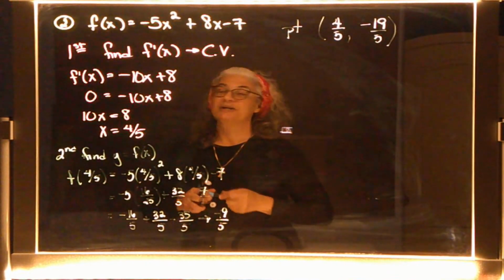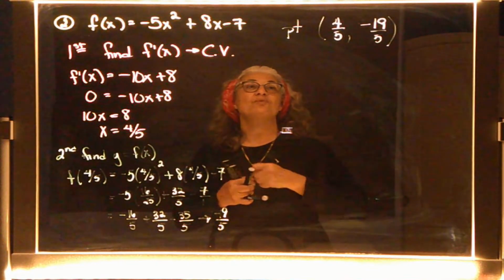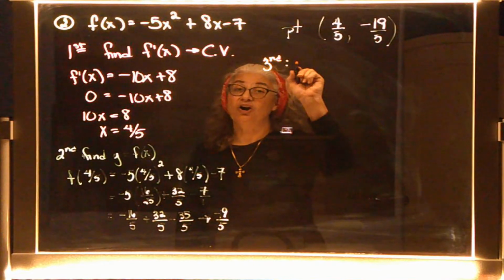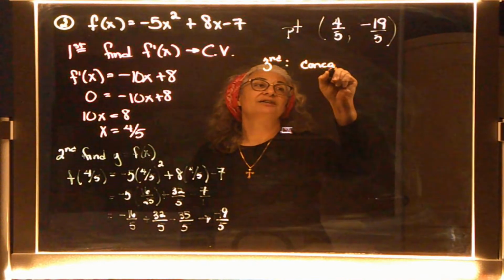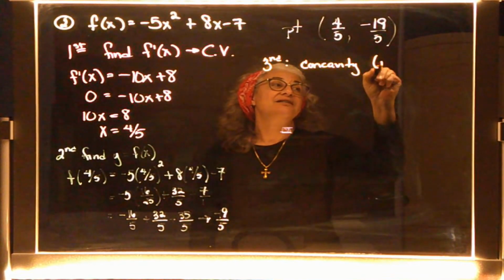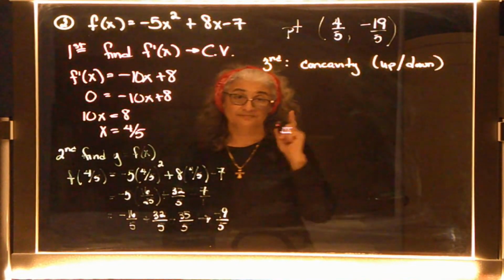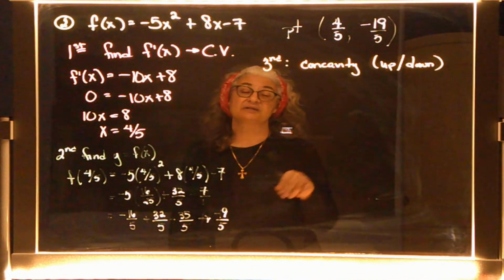Okay, now what? Yes, since they want us to use the second derivative test, we are now determining concavity, right? Is it up or is it down? First derivative test deals with increasing and decreasing.